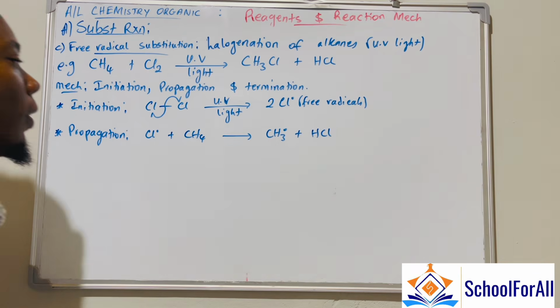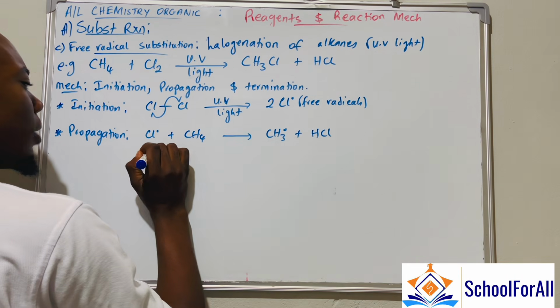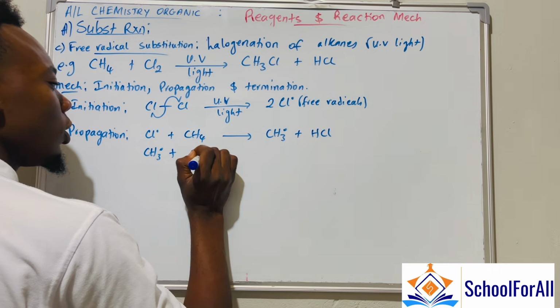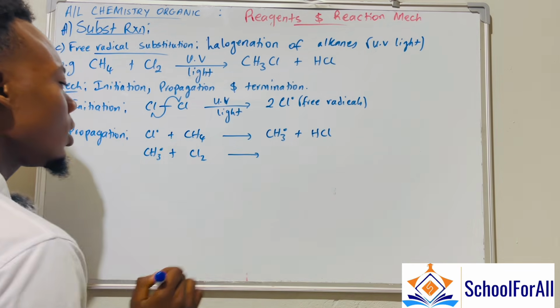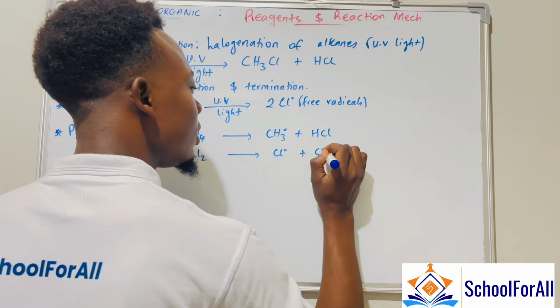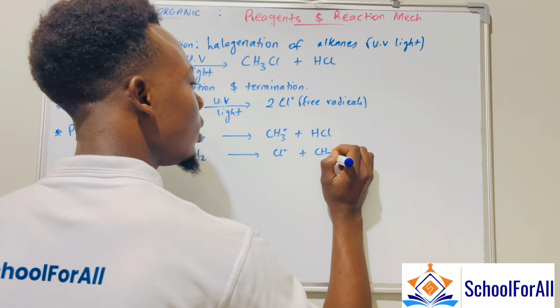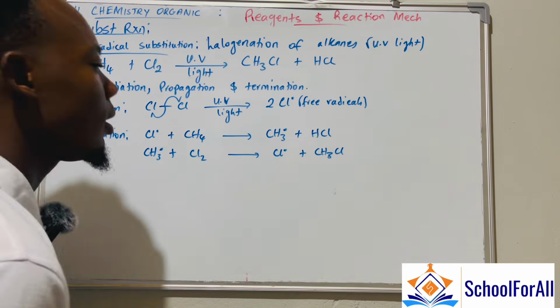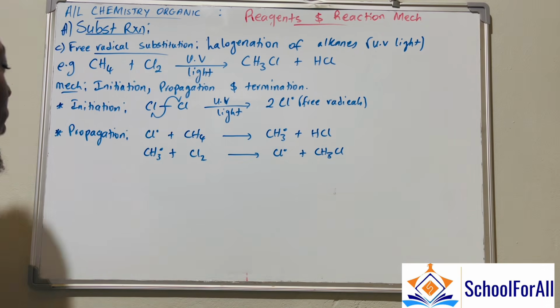Now this free radical can again come and knock on the remaining chlorine molecules which were still there, producing other free radicals and CH3Cl. So that is the propagation. I propagate the production of my free radicals.